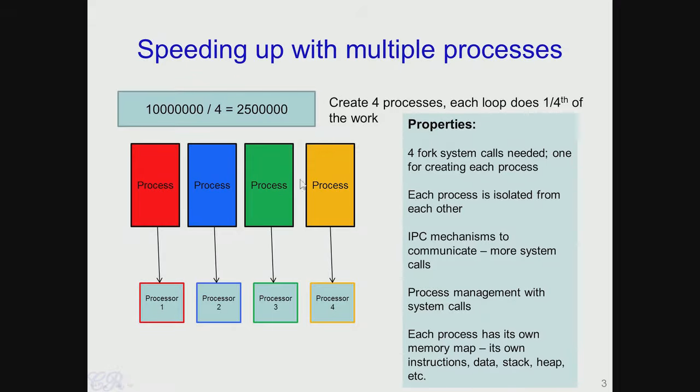Another property of this model of achieving parallelization is that each of these processes is isolated from the others. That is, each process has its own set of instructions, data, heap and stack, and these segments are isolated from the other processes among these 4.